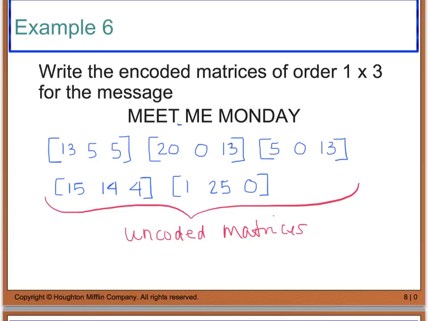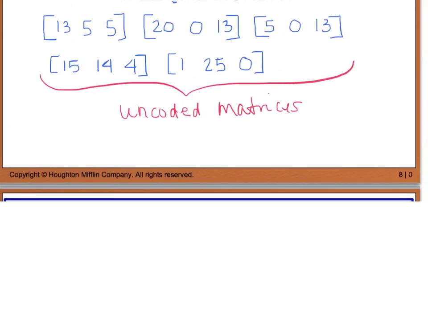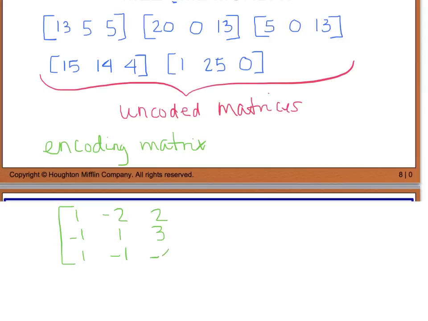So the encoding matrix, I'm going to write this down below, and this will all be given to you, is equal to 1, -2, 2, -1, 1, 3, 1, -1, -4.